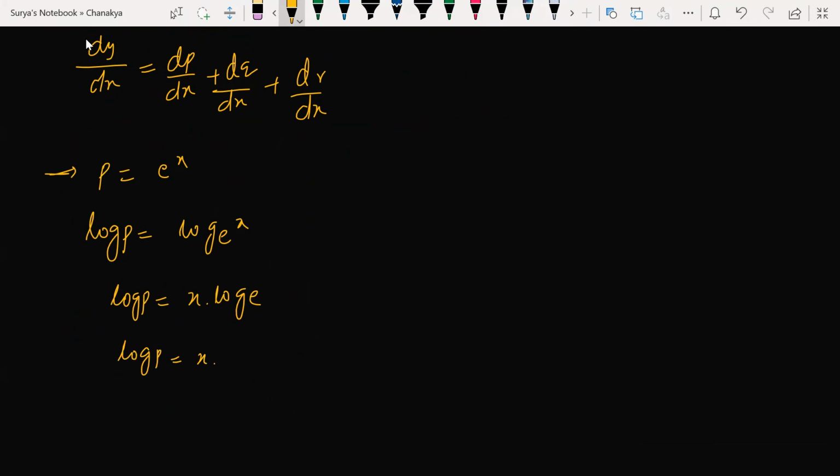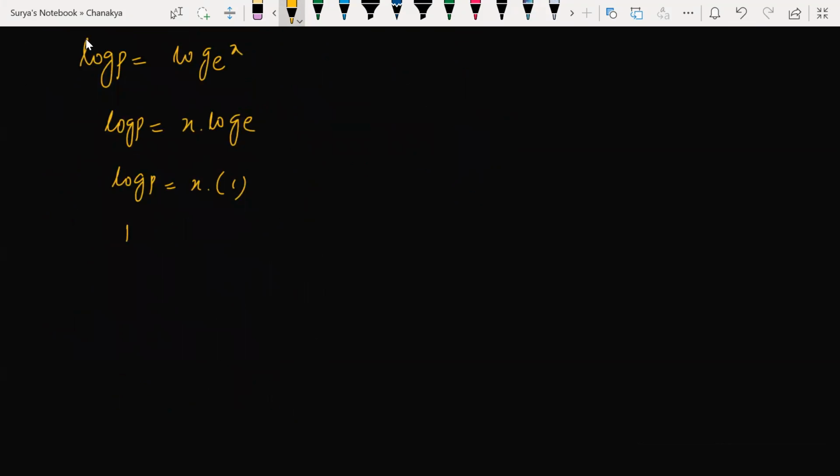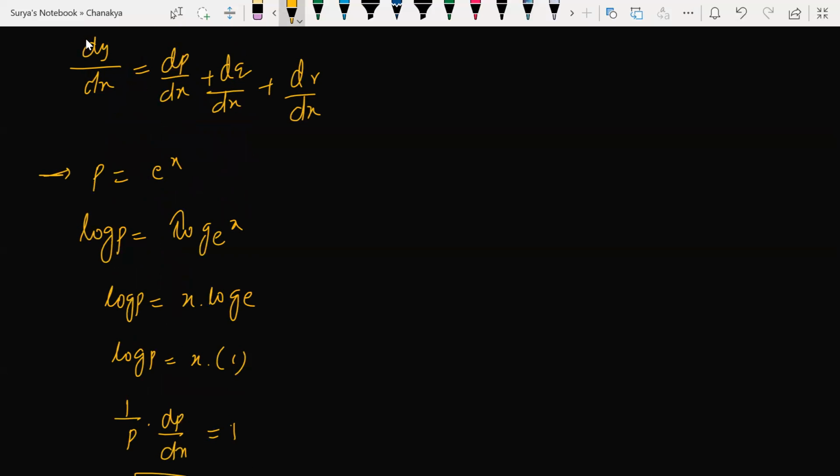So log p is equal to x. d by dx of log p is 1 by p. So 1 by p into dp by dx is equal to the differentiation of x, which is 1. So dp by dx is what? p. Is that clear? Is it clear, children? Yes, sir.